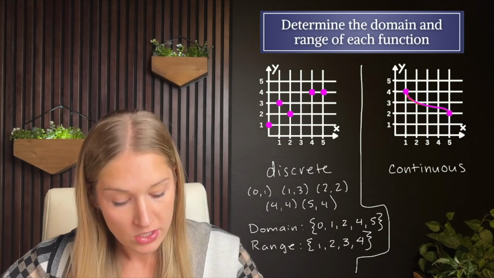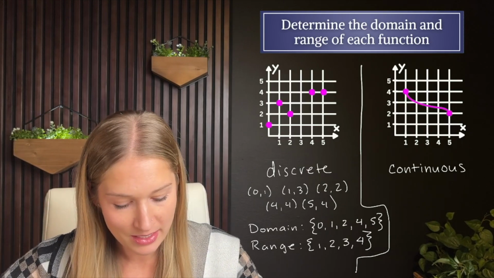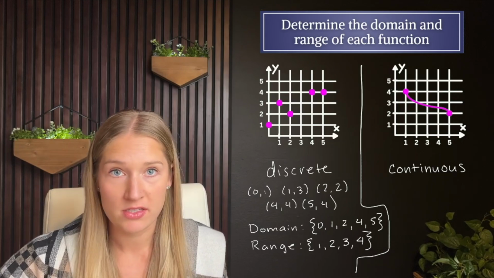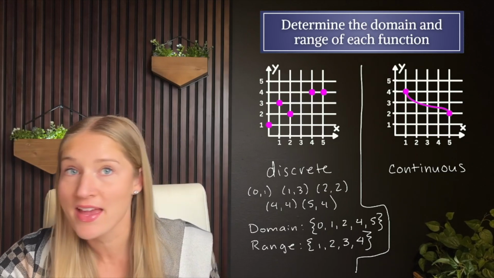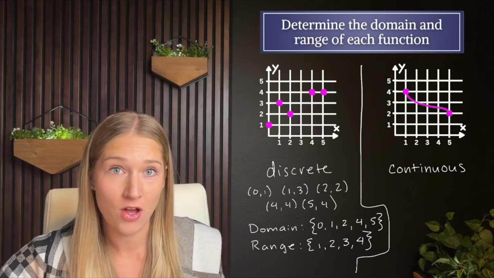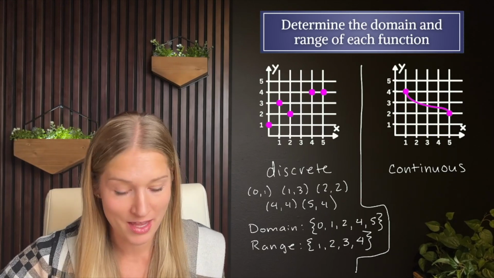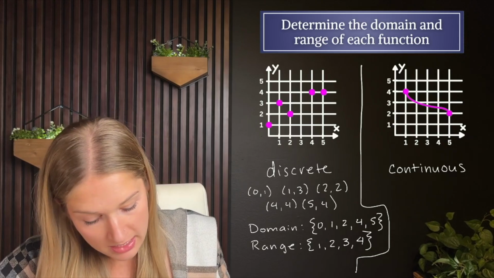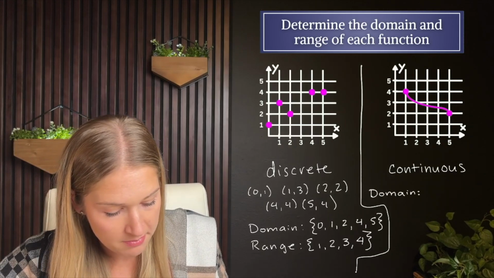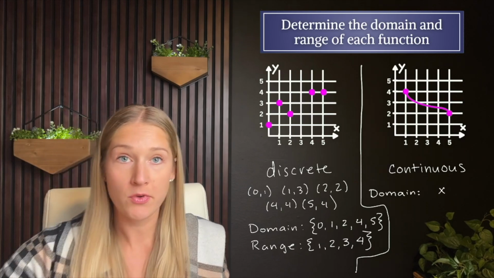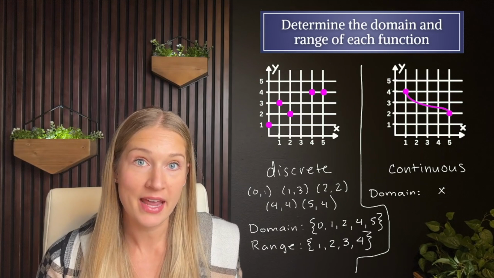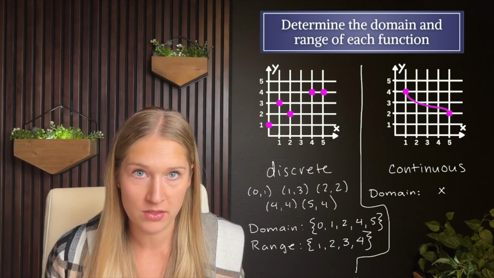So what I'm going to do instead is say, starting and ending on my continuous curve, I can use any number in between. There's nothing off limits as long as you're between the beginning and the end. For my domain, I'm going to look at my x values and say where they start and where they end, and x can be anything in between those two numbers.